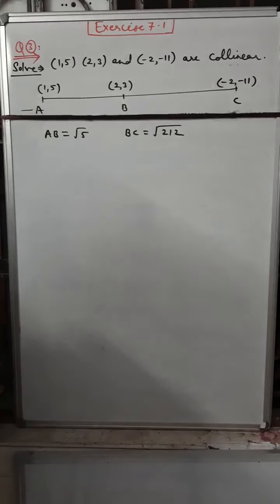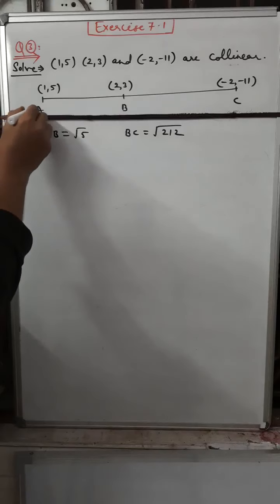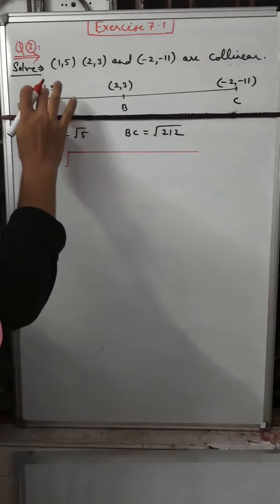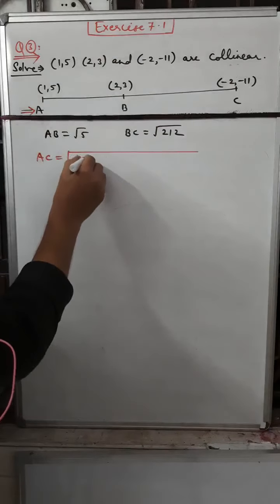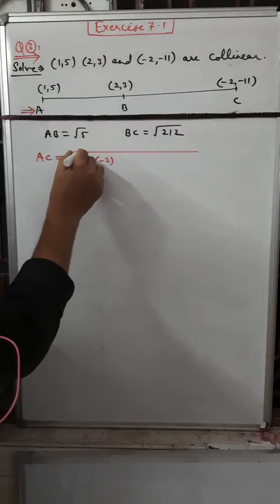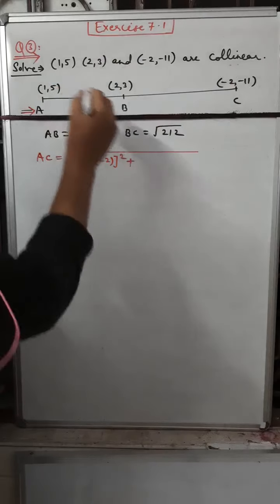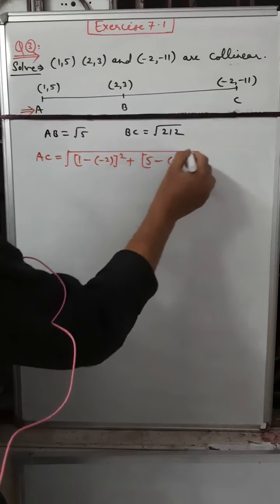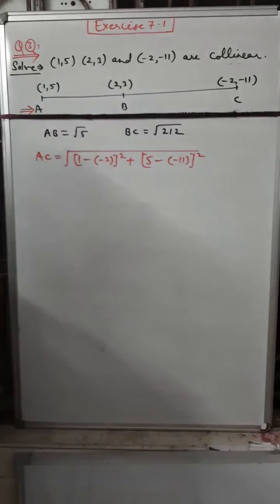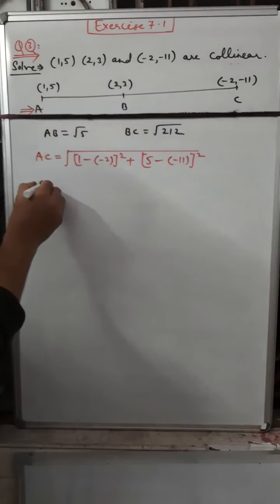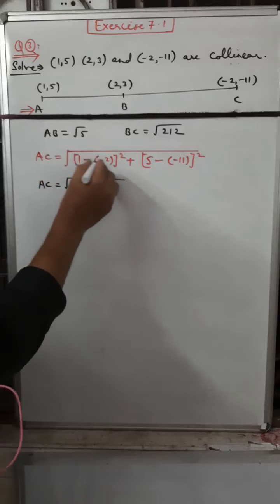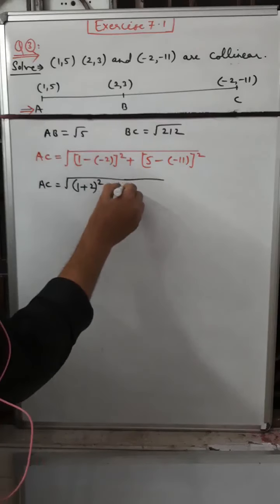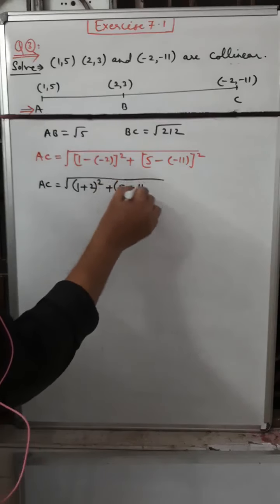Now we will try to calculate the length AC here. So AC, how to calculate? Again AC is equal to 1 minus minus 2 whole square plus 5 minus minus 11 whole square.